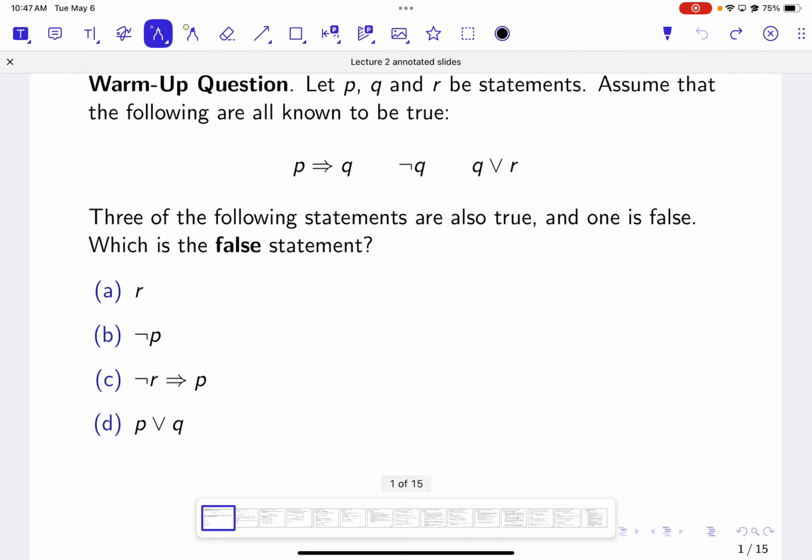Something similar goes on here. We know that Q is false, and we also know that one of Q and R is true. So Q or R is true, Q is not true. That means R has to be true. So it's not A.